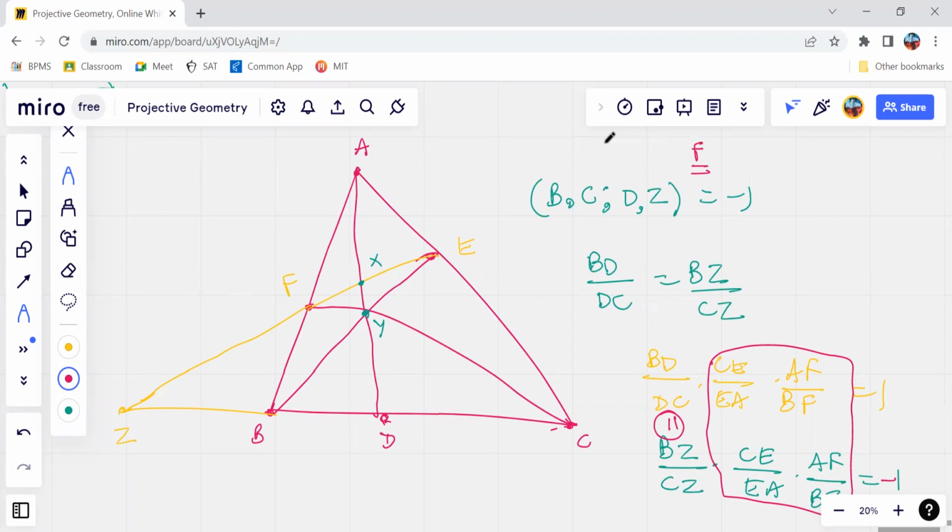Suppose we're projecting this through F. Which line do you want to project it onto? Or suppose you're projecting B through F. Where would you want to project it to? What other point lies on FB?